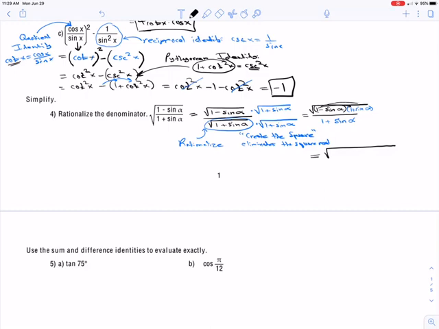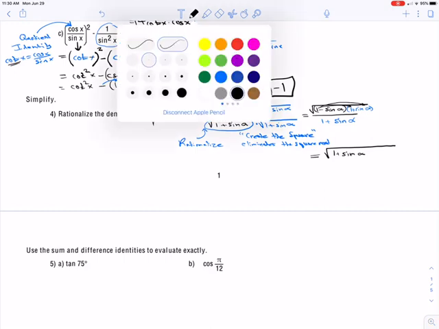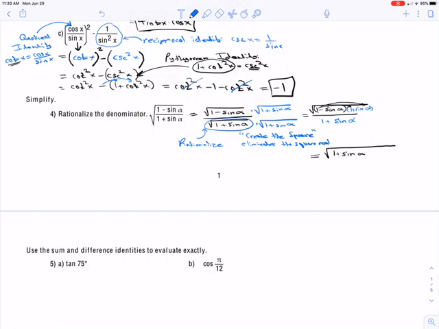We've got 1 times 1, which is 1, and 1 times sine alpha, which is sine alpha. And then I'll do the next one in blue. We multiply negative sine alpha through: negative sine alpha times 1 is negative sine alpha, and negative sine alpha times sine alpha is negative sine squared alpha.